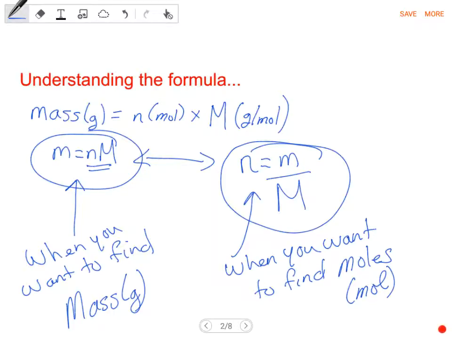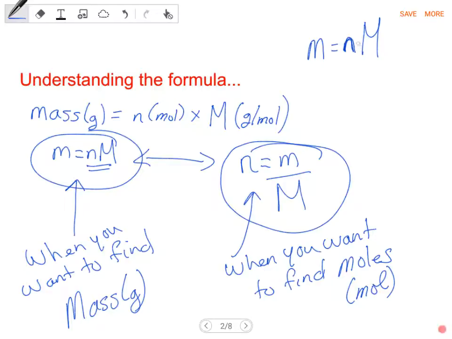My advice would be to memorize this formula, m equals nM. If you memorize that formula, you'll always have the equation for solving for mass. But what if you wanted moles? Instead of remembering that, think to yourself, how can I get this n by itself?